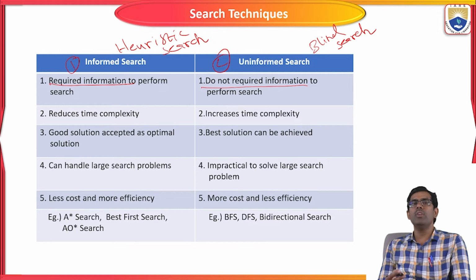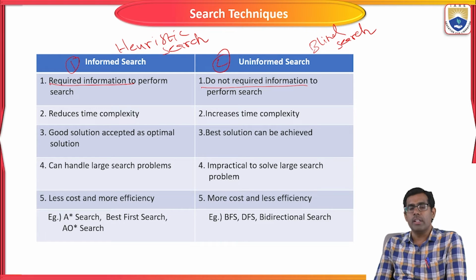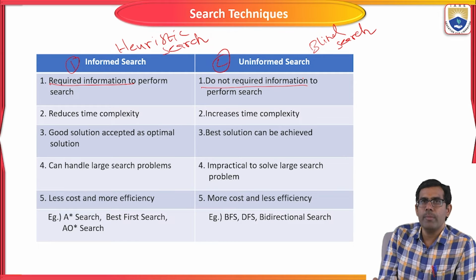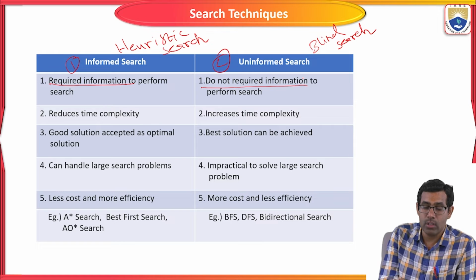If you have the problem statement, we directly define the problem, analyze it, identify it, choose some solutions, and finally implement them. So in uninformed search there is no need for any information to perform the search.